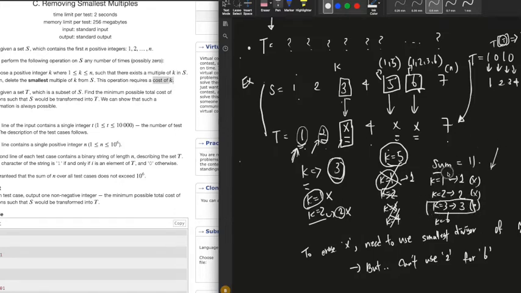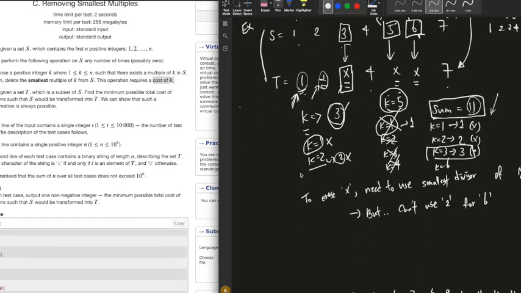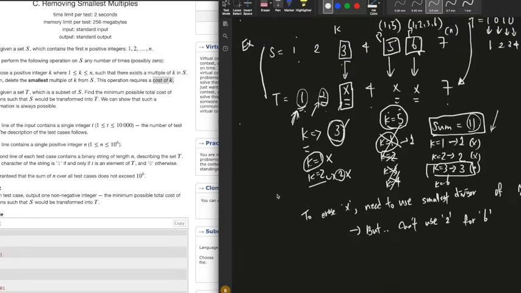So the total cost for this example will be 11 because we chose 3, 5, 3. So to erase x we need to use the smallest divisor of x, but we cannot use 2 for 6, right? Also 1.